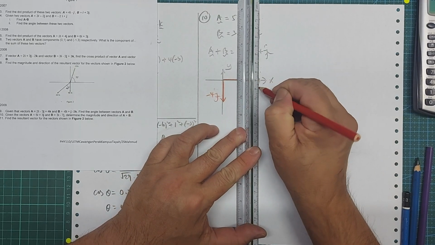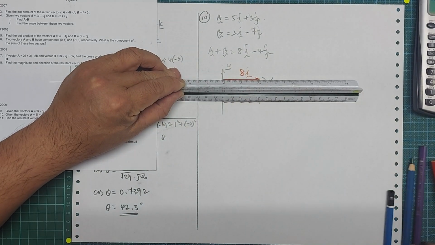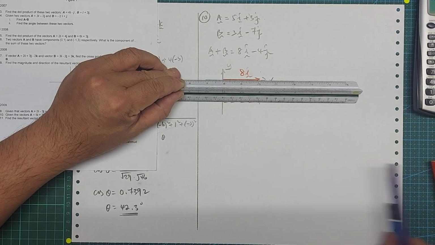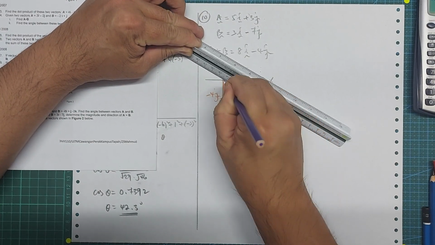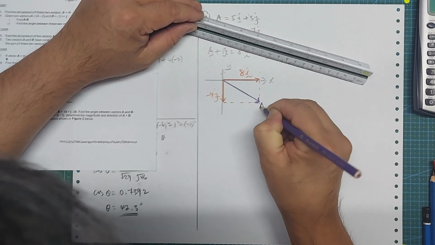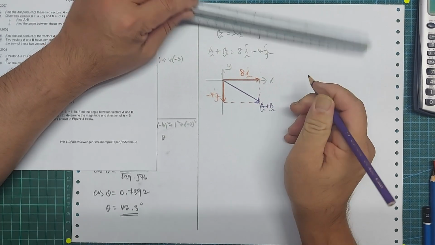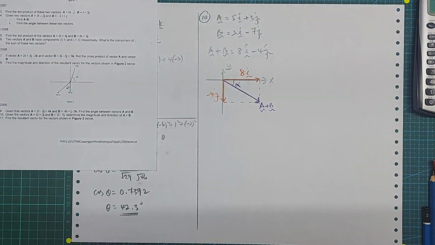If we combine these two, we get this vector here. This is A plus B, and the angle that we need to calculate is alpha.